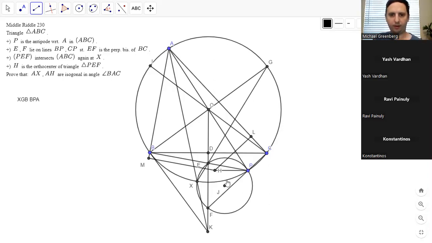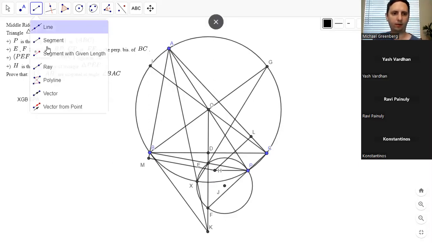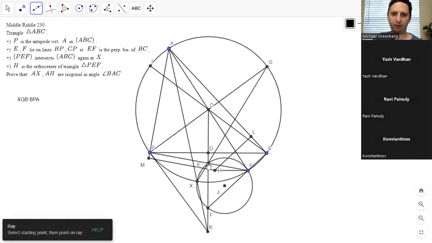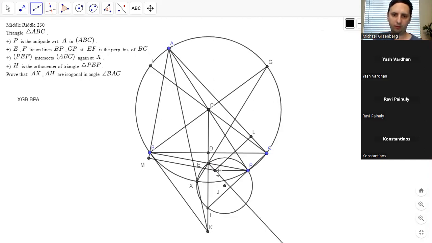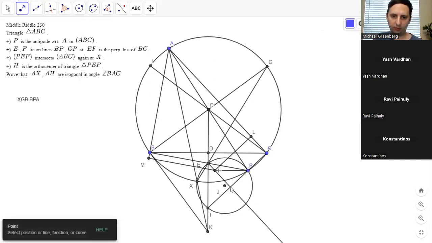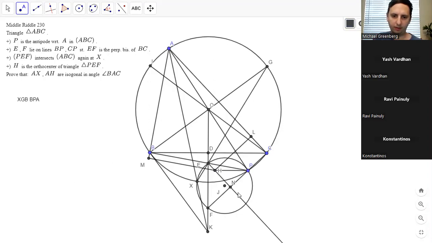Is there any way that I can find HL? Well, actually, if I draw the altitude of this, HL is just CN, right?